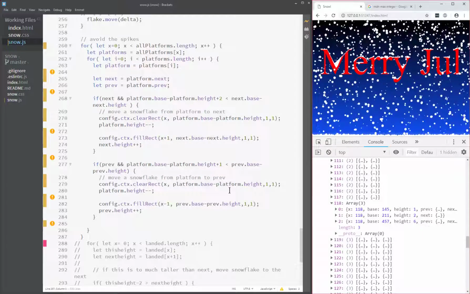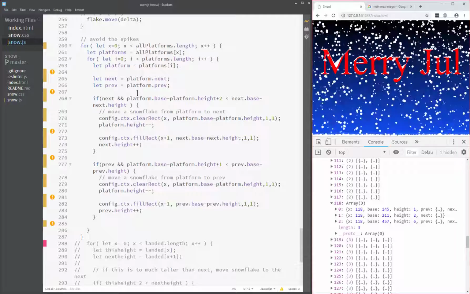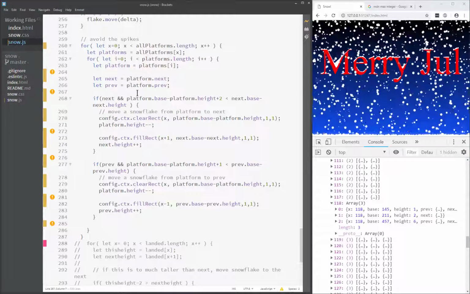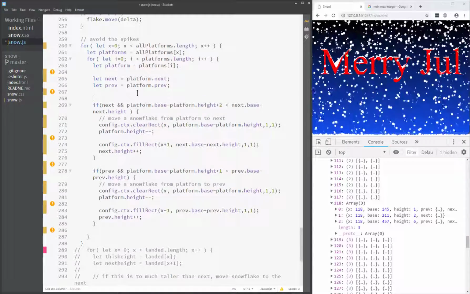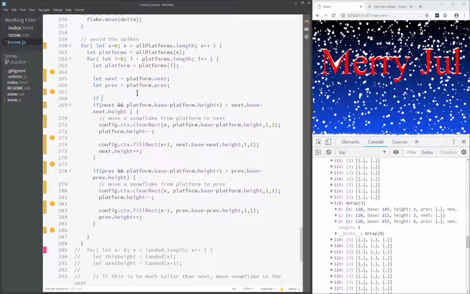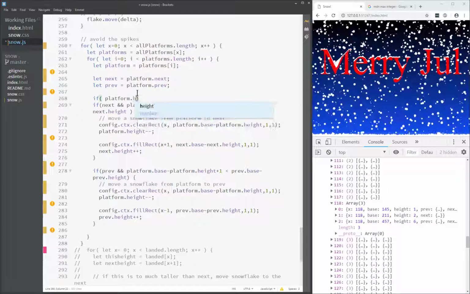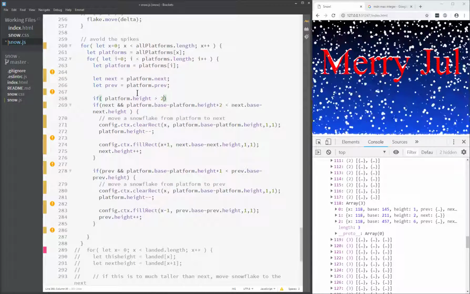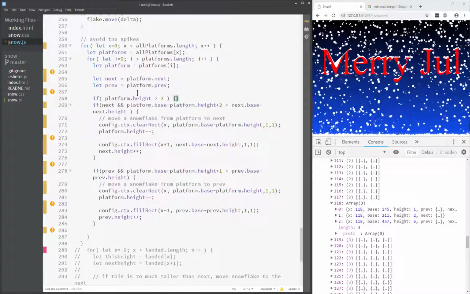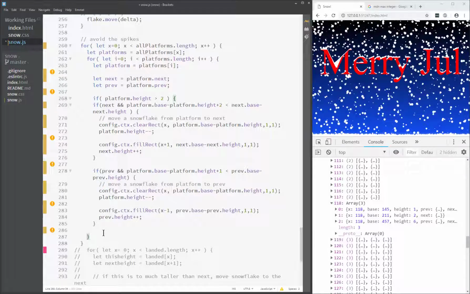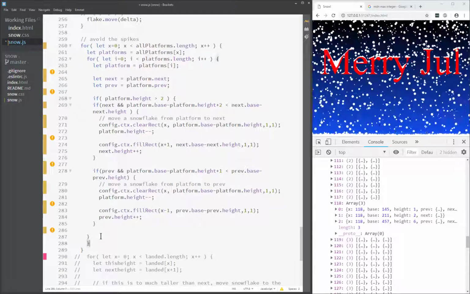I shouldn't move unless of course there has to be at least 2 snowflakes. Otherwise I'm moving the platform itself. So only move if platform height is greater than 2. Then we can start moving snowflakes. And only then.